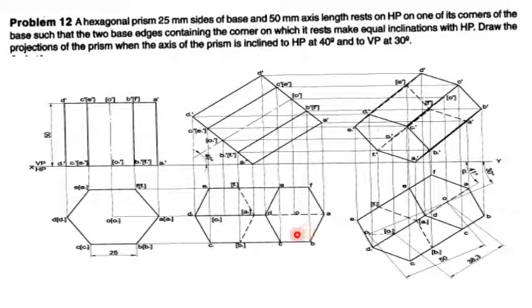So in any one view, if one face is visible, then obviously the opposite face of the prism or solid is hidden. So the top face is visible, the remaining two edges of the base make it hidden, that is A1 to B1 and A1 to F1.